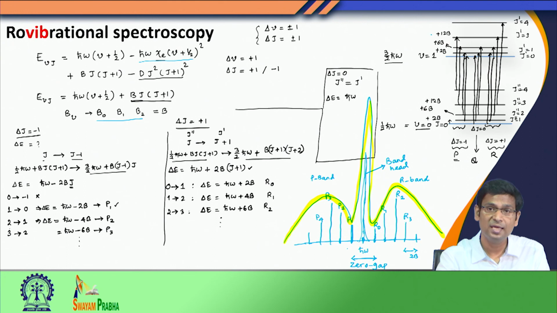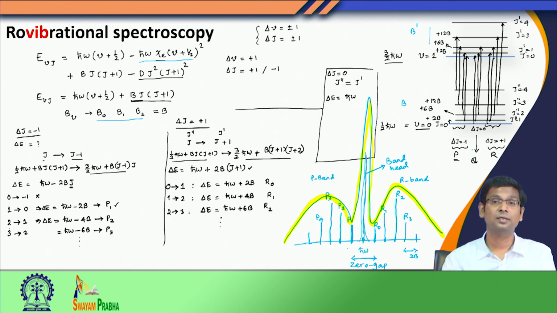So, B prime in the upper vibrational level and B in the lower vibrational level are different, and of course, there will be a slight change in these energy levels, and the delta j equals 0 transition, that means the Q lines, would appear at different energies, because now B prime and B are different. But as long as we assume B prime and B are the same, the Q lines would all appear at the same energy h bar omega.